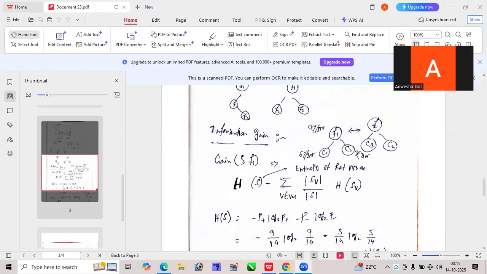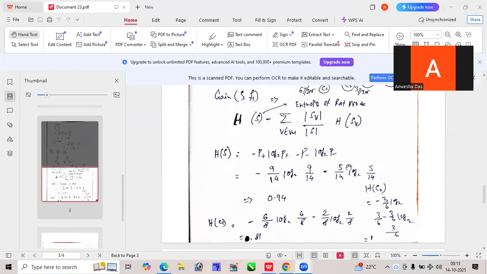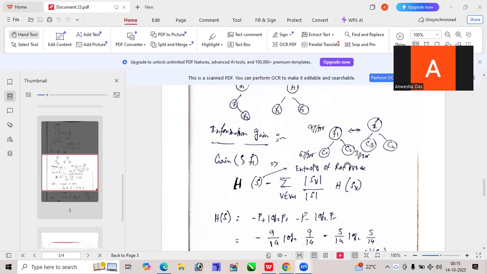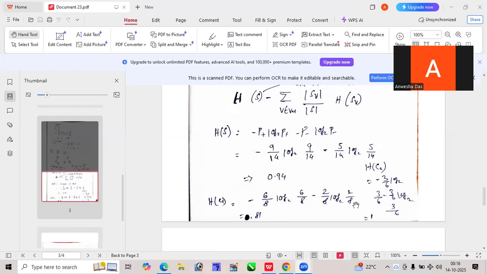Now again we'll calculate this one, H of S2: minus 3 by 6 log base 2 of 3 by 6 minus 3 by 6 log base 2 of 3 by 6. Okay, that means 1. So now what did we get? We got 0.94, we got 0.81, we got 1.